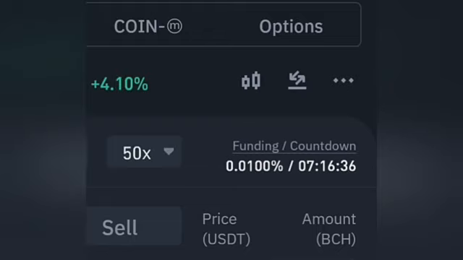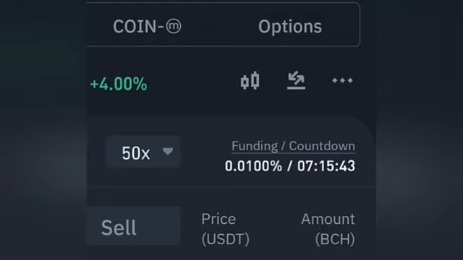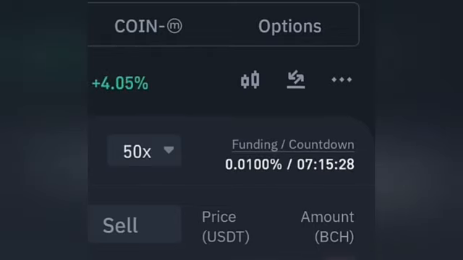That means you'll be deducted small fees. Also, when the funding rate is negative and you are in a long position, that means you will be benefiting from fees. That means Binance will be paying you a small amount of money. But when it is negative and you are in a short position, that means you would be giving out fees. Understand? You'll be giving out fees.